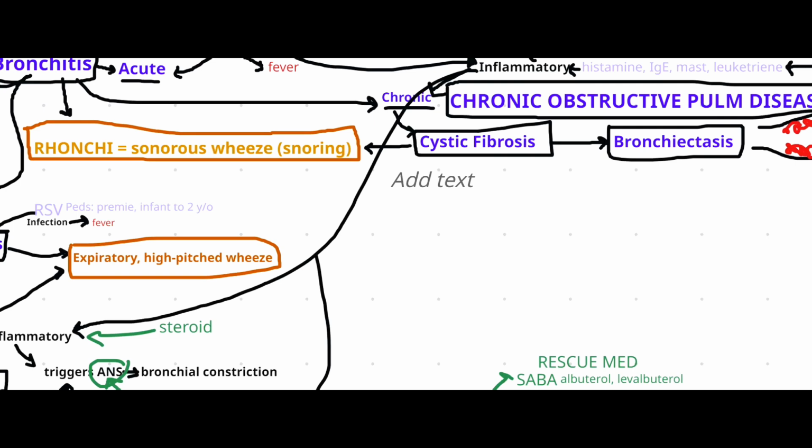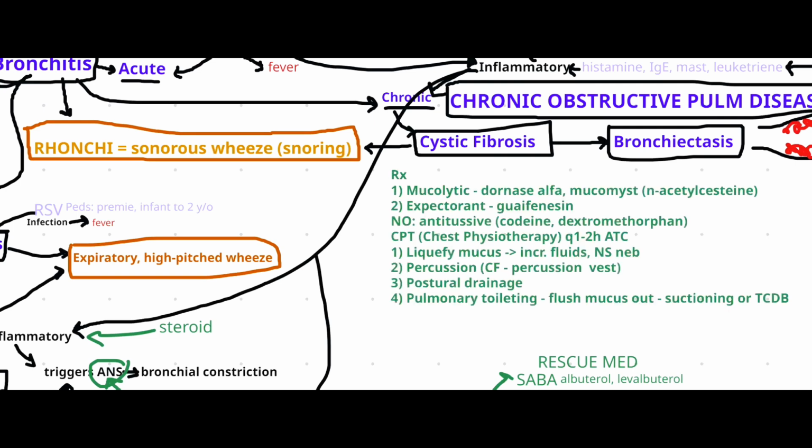Okay. If they can do TCDB, turn, cough, deep breathe, that's great. That's why you always want to encourage deep coughing. But if they can't do that because you're too frail and weak, then you need to suction. This is going to need to be done for your CF patients every 1 to 2 hours, round the clock, until they don't have any more secretions.